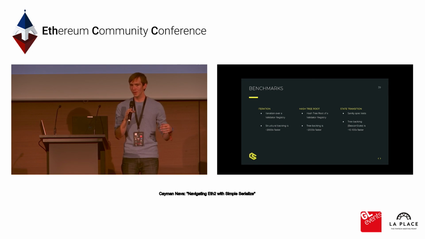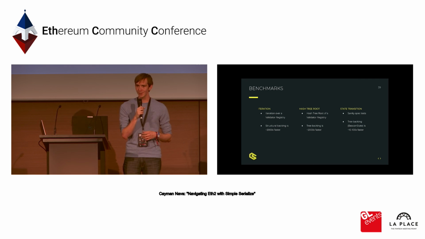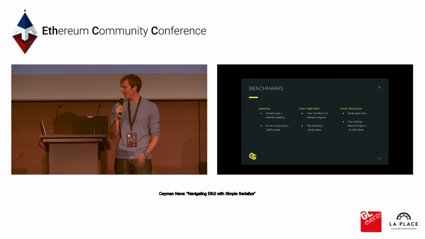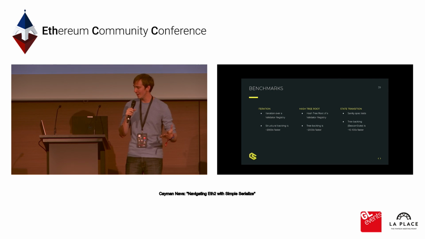We do a lot of iteration, and we do a lot of hash tree rooting in Eth2, getting the root of the tree. One really high level thing that we're doing is the state transition.